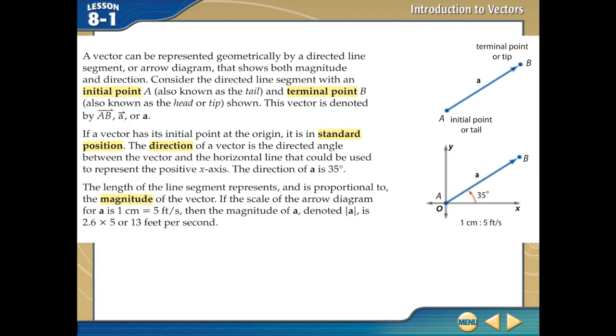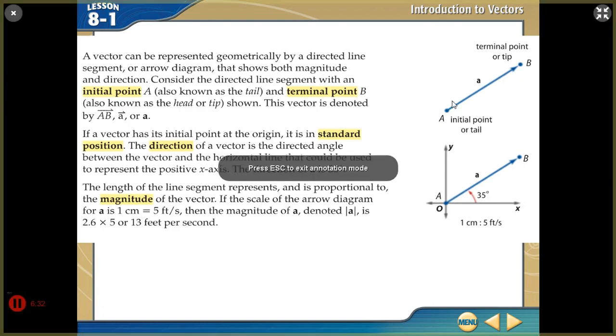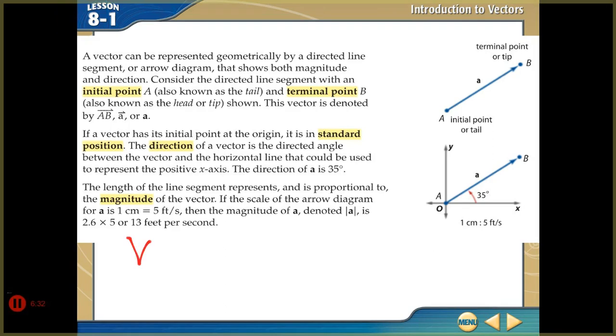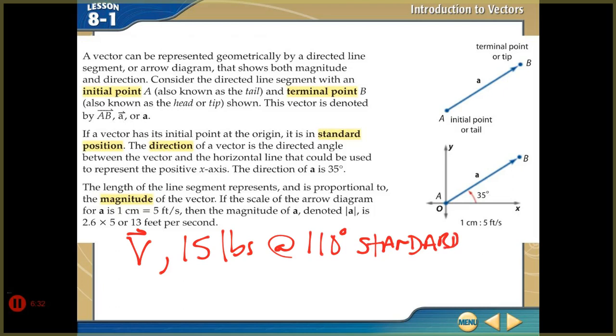If I had another one, so let's say a vector v, which is 15 pounds at 110 degrees standard position, I'm going to have my general sketch of x and y, and then my vector is going to be somewhere over there where the angle is 110 degrees.